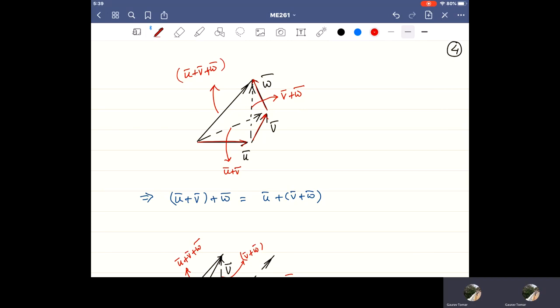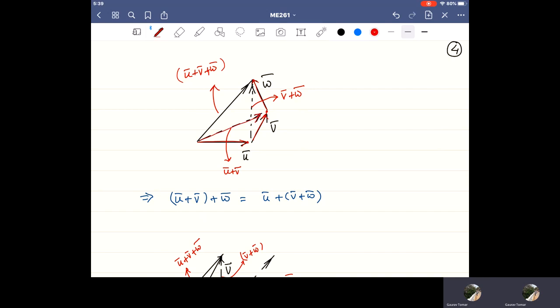Of course, you can do it algebraically by component by component addition, but you can geometrically see this picture as you place the V vector at the head of the U vector and the W vector on the head of the V vector. So this picture gives you U plus V, and then you add W to it.